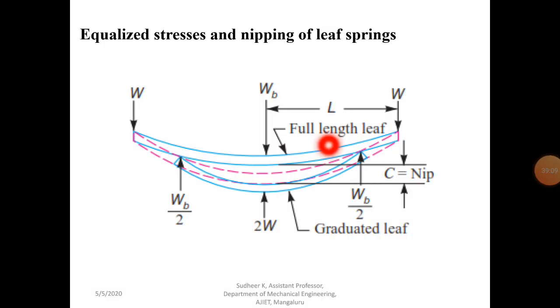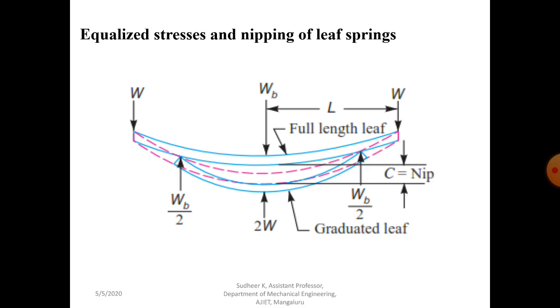Coming to the next topic, that is equalized stresses and nipping of leaf spring. Usually the stress in the full length leaves is more than the stress in the graduated leaves, around 50% greater.